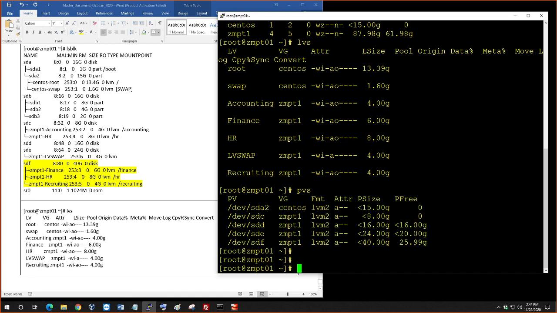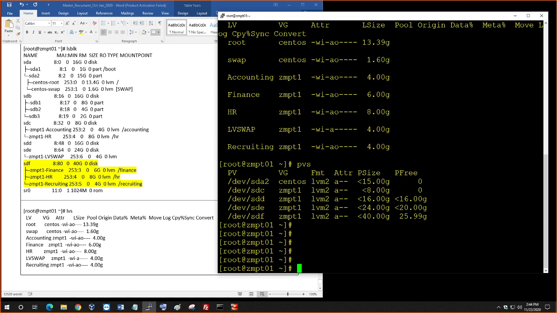Okay, so for me it's time to remove the drive SDD.